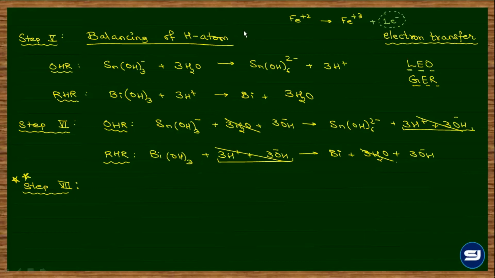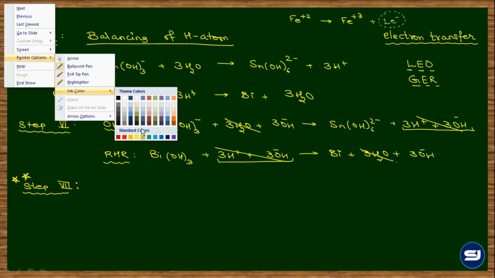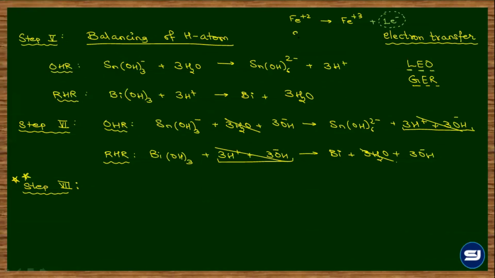Understood? Similarly, if I have something like Sn4 plus giving Sn2 plus, this indicates reduction. And how many electrons need to be gained for this change? So I'll add 2 electrons on the left.